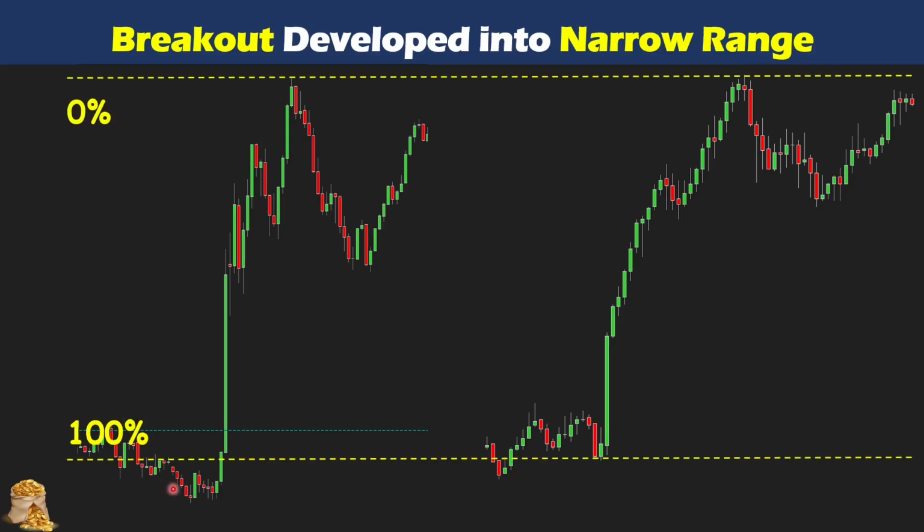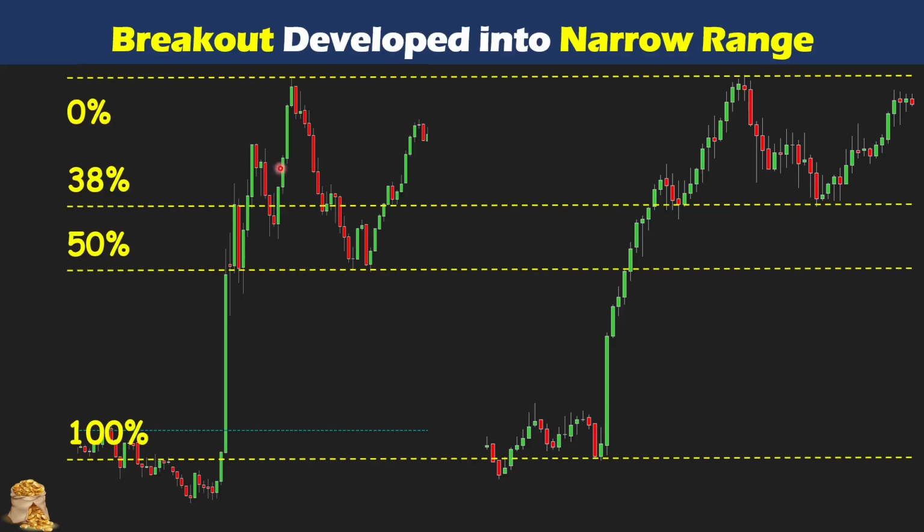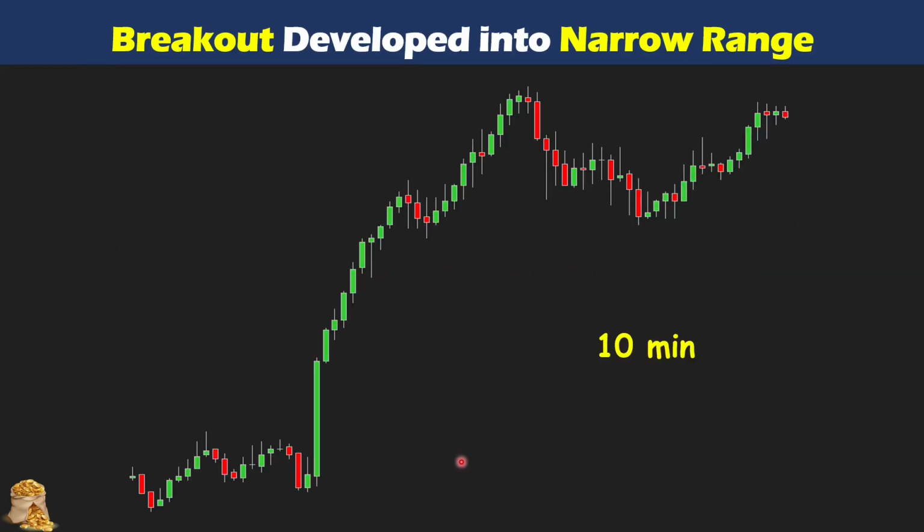We draw the line from 0% to 100% and see how far each trend goes down. Apparently, for the first trend, the weak trend with a wide range, it goes back to touch the 50% level. But for the second strong leg, which develops into a narrow range, it only reached back to 38%.